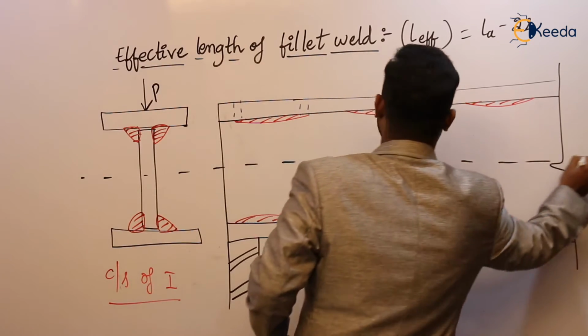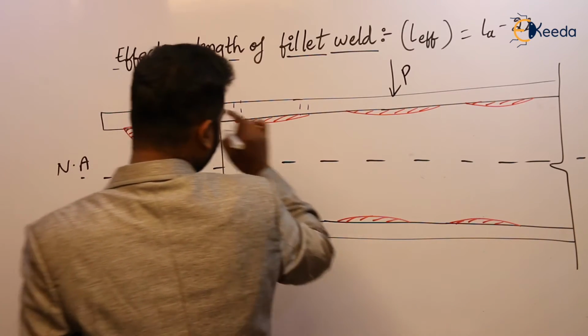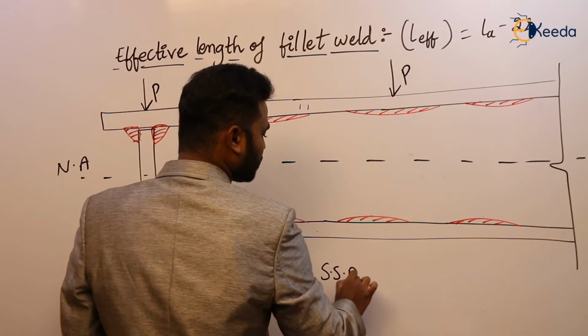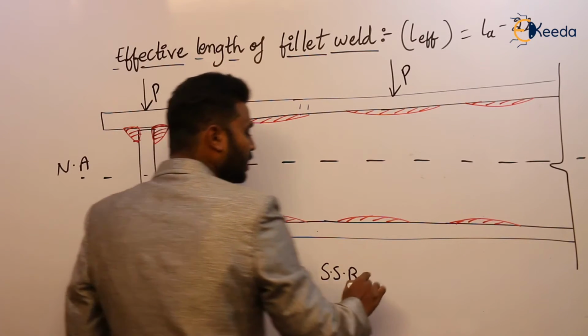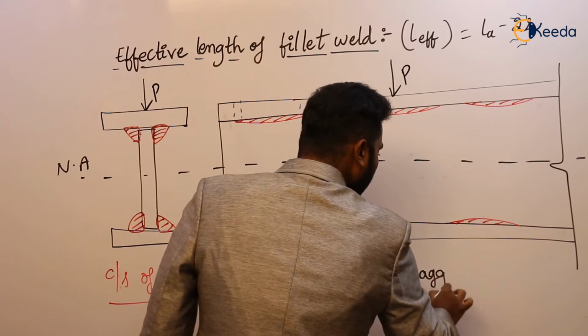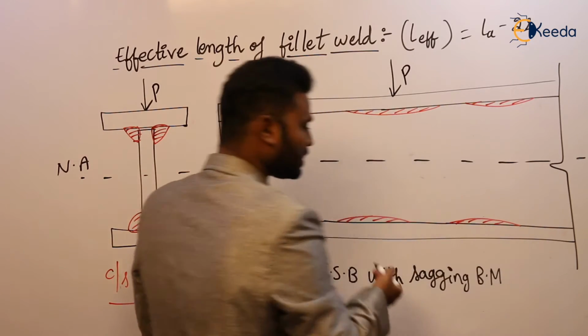This is the neutral axis, NA. Simply supported, here I'm writing SSB, which is nothing but simply supported beam, with sagging bending moment. What is the meaning of it?